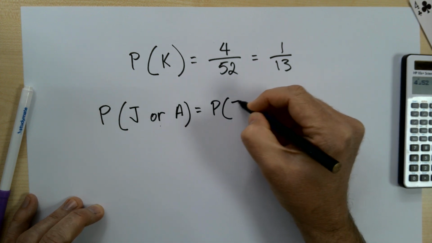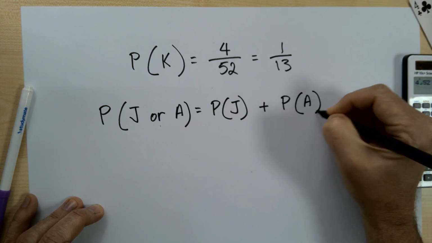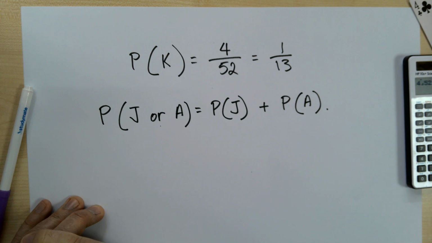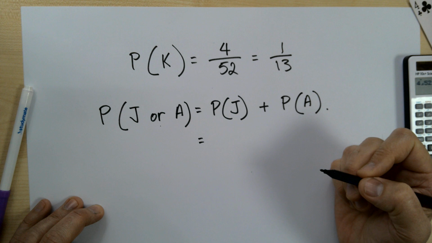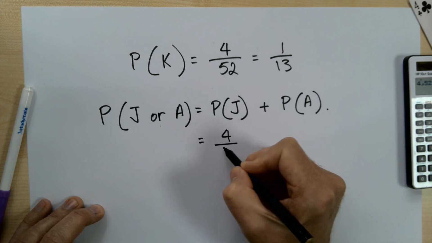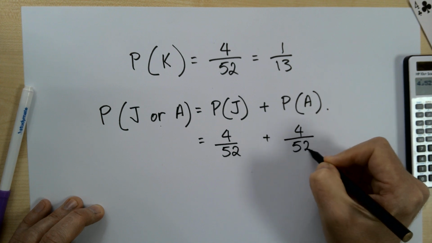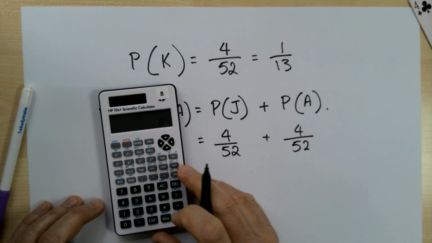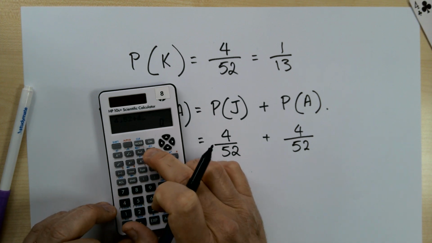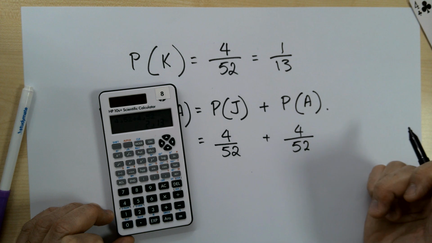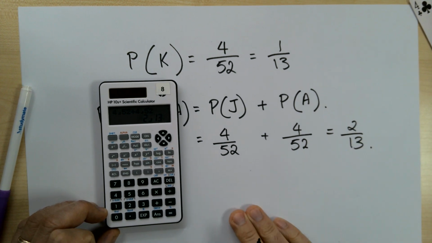That's actually the probability of jack plus the probability of the ace. What's the probability of a jack? Well, there's 4 of them. 4 over 52. Probability of an ace. Again, there's 4 of them. 4 over 52. You can just feed this in now. 4 over 52 plus 4 over 52 is 2 out of 13.